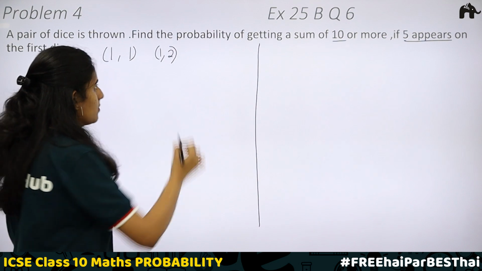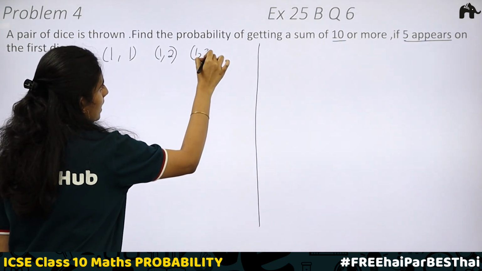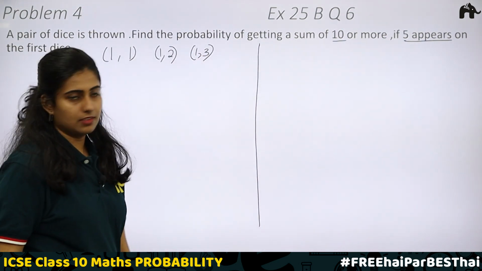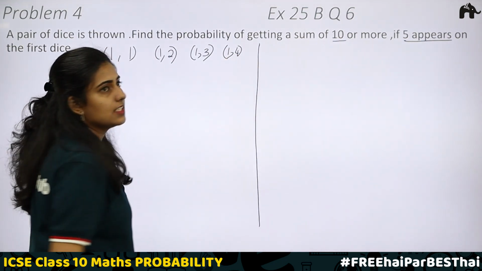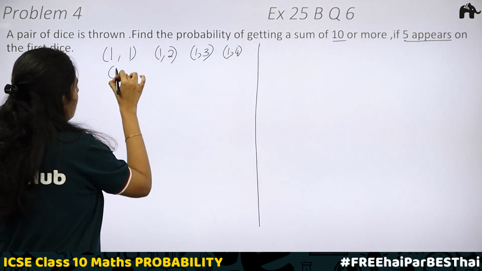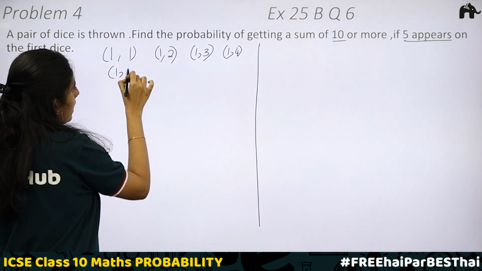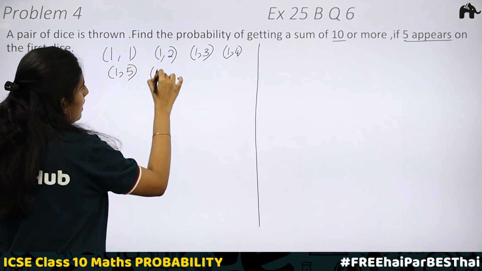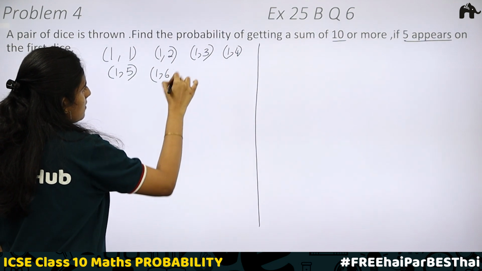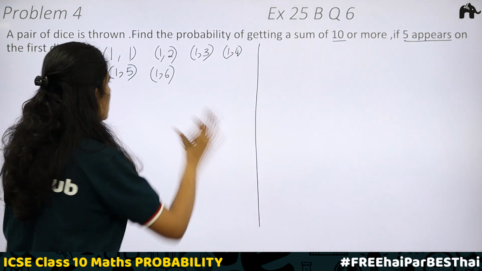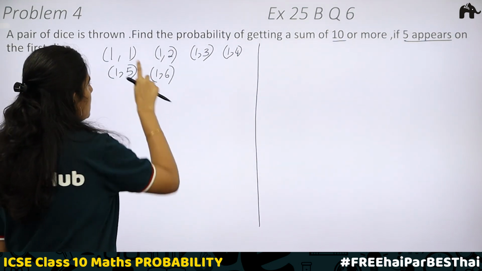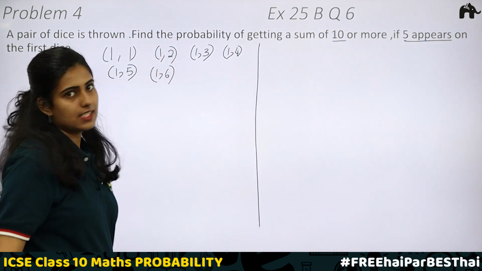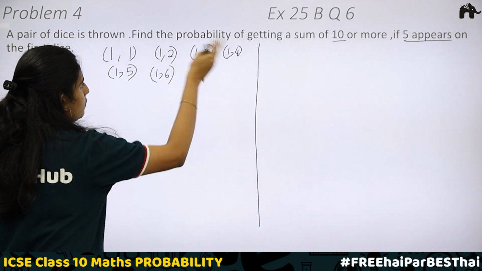This is another chance. 1 on first die, 3 on the second die. 1 first die, 4 on the second die. Then 1 on the first die and 5 on the second die. 1 on the first die, 6 on the second die. So there are 6 cases when 1 appears on the first die and all other digits appear on the second die. 1, 2, 3, 4, 5, 6.